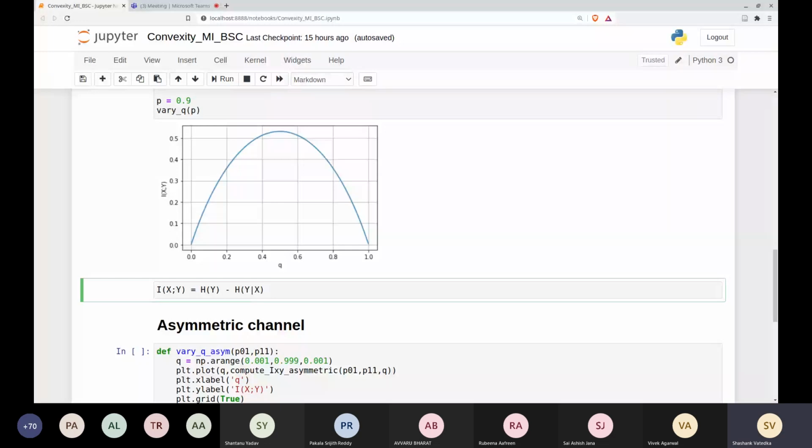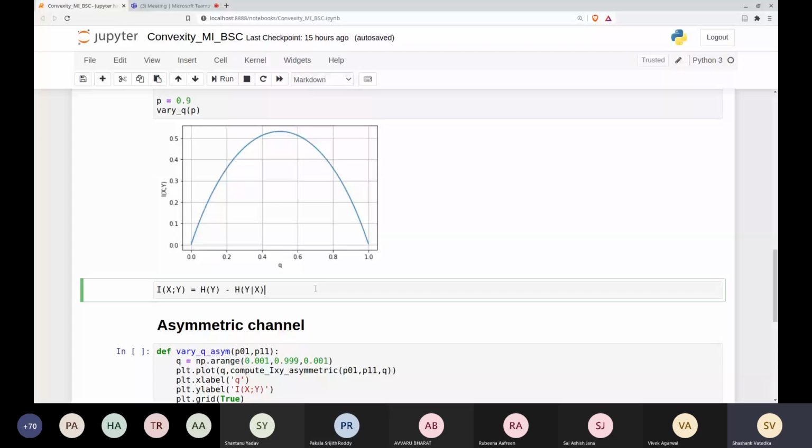Independent of Q, only depends on P. Correct. So it only depends on p, right?